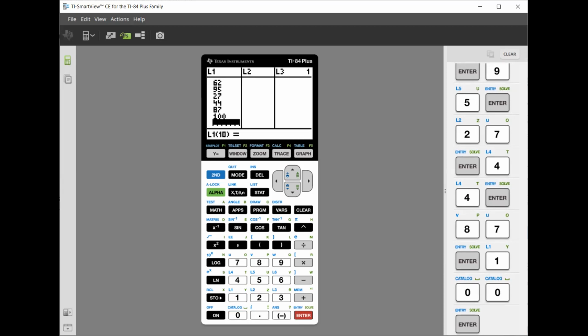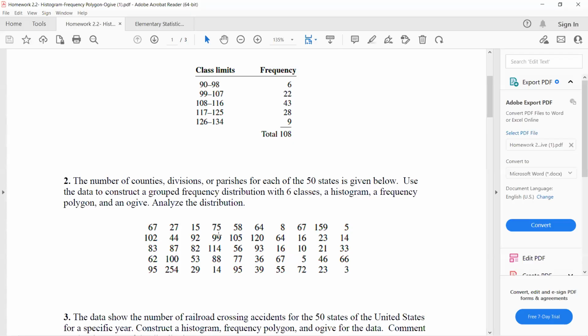What I'm doing is I'm putting in the data from here. I just wrote the data down so that I could show you the calculator entry on my screen. So I'm putting in each of the data from problem 2 into the calculator because I haven't shown that before. Okay. So I'm putting that in there.